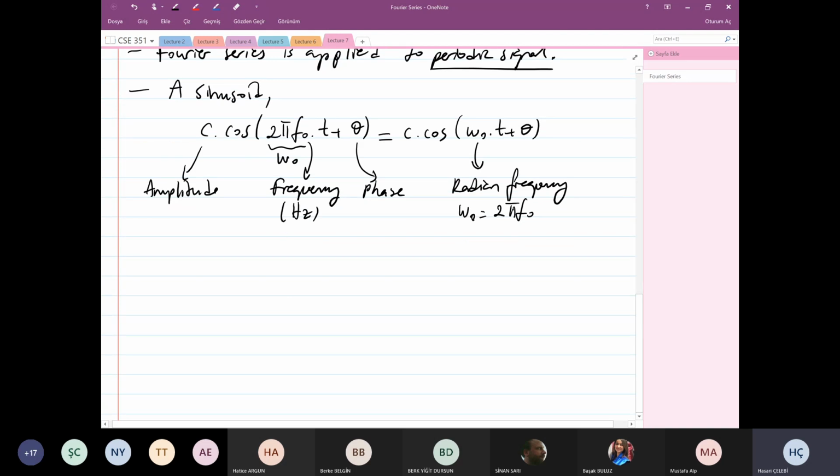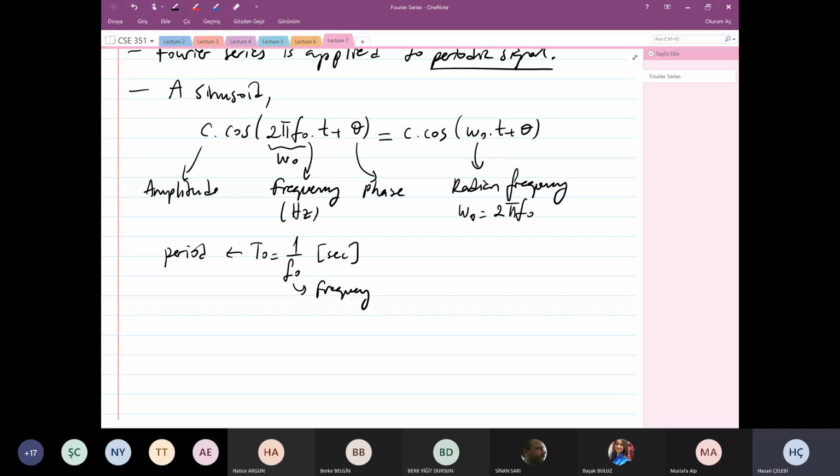So how do you calculate the T0? T0 is equal to 1 over f0. We call T0 the period, if you guys remember, and f0 is our frequency. The frequency has a unit of hertz, and the period has a unit of seconds.